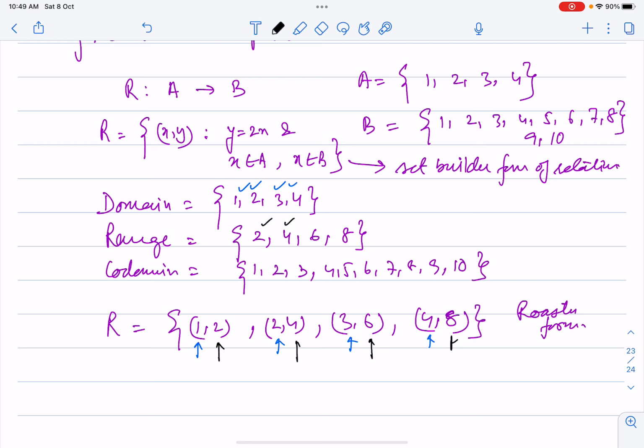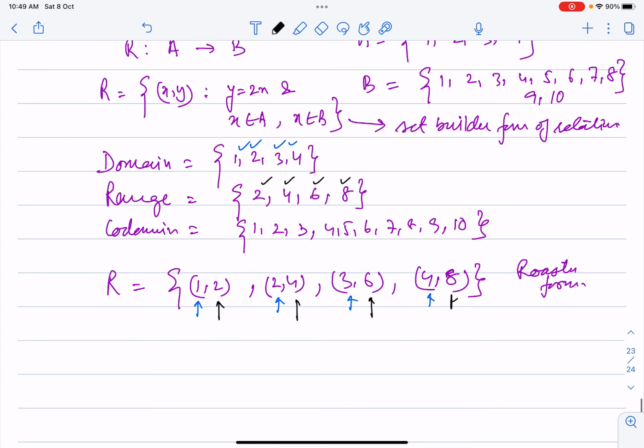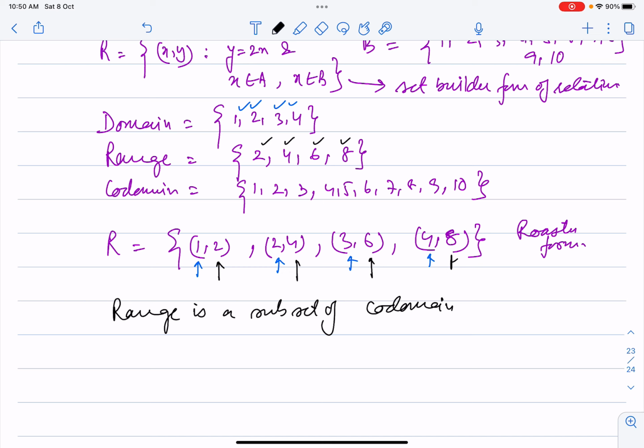One more thing we can learn from here is that range is a subset of codomain. Subset of codomain means the range will not be greater than the codomain. Either it will be less than that or equal to the codomain.